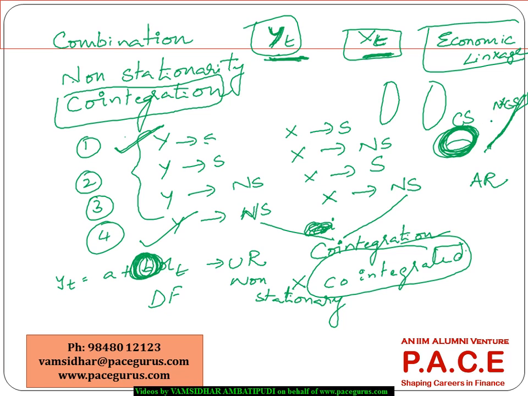Then it is not apt to use a regression model in that context. Only when both of them are covariance stationary, as well as only when both of them are non-stationary but they are co-integrated, only in those kind of cases can we use the regression based time series models.